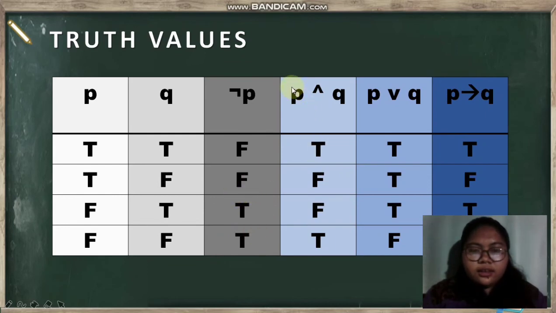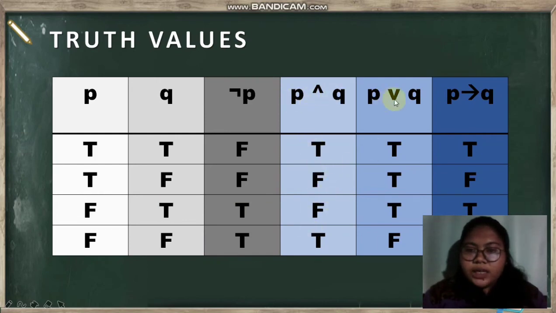And then how about the conjunction of P and Q? P and Q is true when P and Q are both true. So if it's just P or just Q that is true, P and Q will be false.